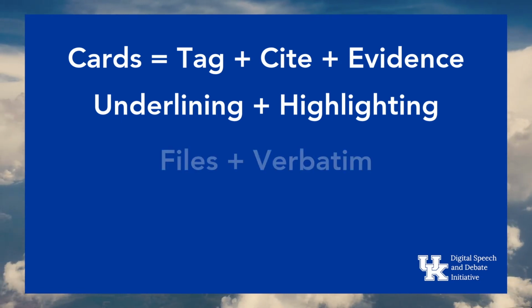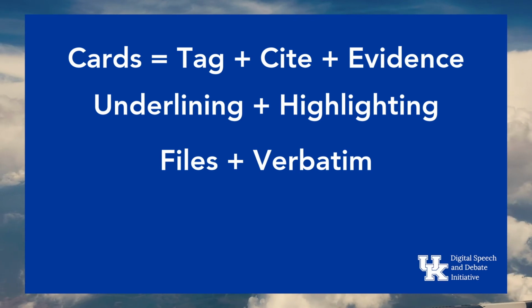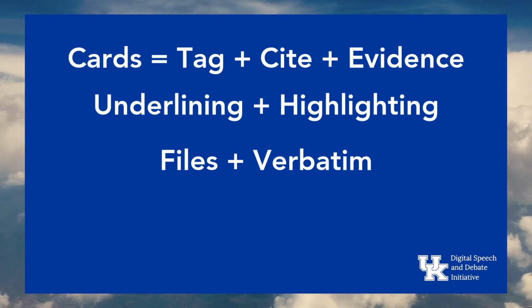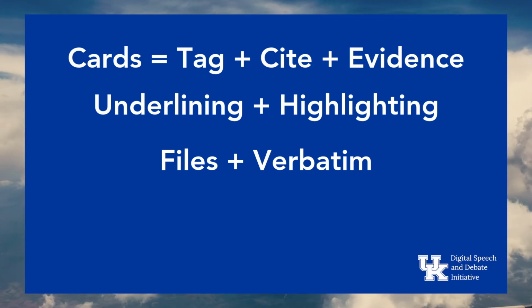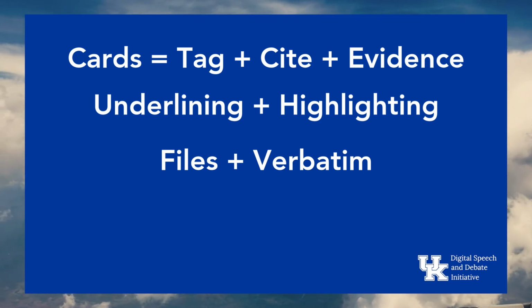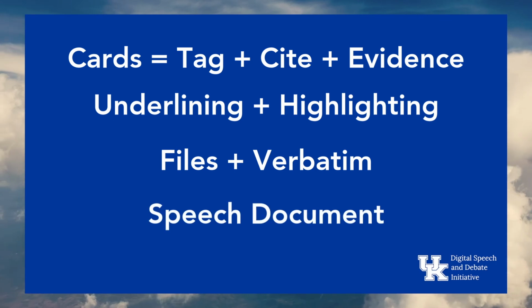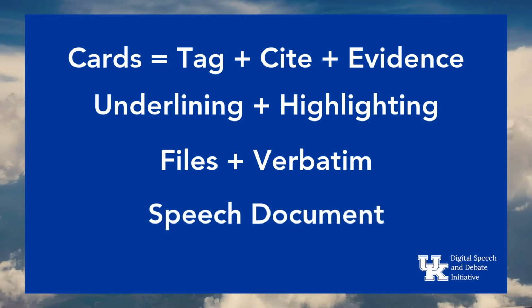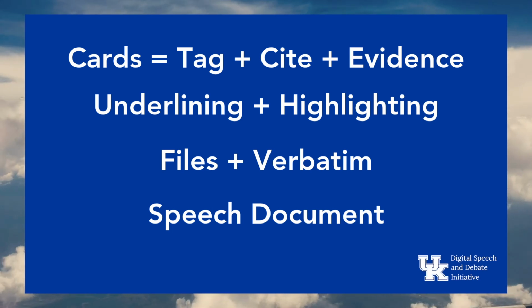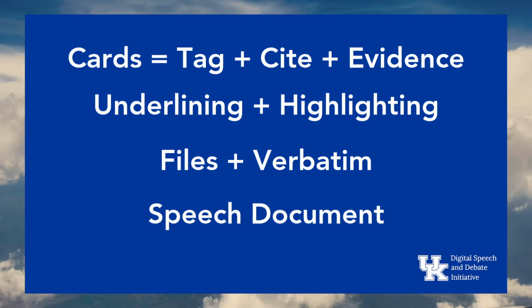A compilation of cards is called a file. It's an organized set of cards related to a specific subject. There's Verbatim, which is a Word template designed specifically for debate. And then there's the speech document, a document you create right before a round and during a round that is a compilation of a specific subset of your total evidence tailored to that particular situation.